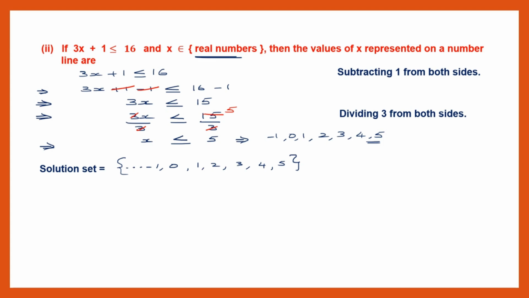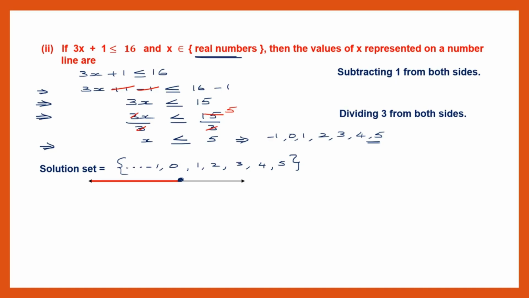Now if I have to put this on a number line, how do I do it? So I draw an integers number line, and then I need to mark my numbers on them. That is to show that 5 and all the numbers less than 5 are included in the set. Now how do I do that? So I have to draw a darker line on top. So this part is 5. Now this I'm going to shade it dark.